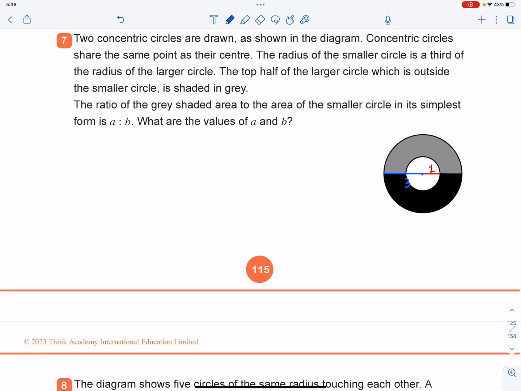So firstly, let's try to get the gray region, which is going to be pi times the large circle radius, which is 3 squared, minus the smaller circle radius squared, which gives us, let's see, what number? 8, right? 8 pi.